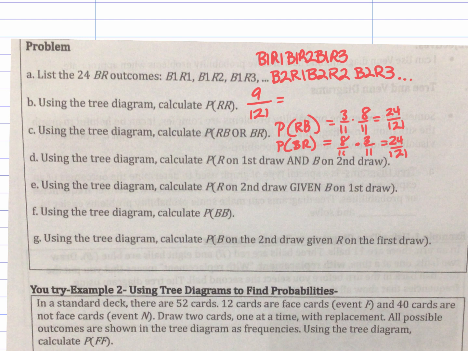And so, since it's impossible to get RB and BR at the same time, then the probability of RB or BR equals the sum of these two probabilities. So 24 out of 121 plus 24 out of 121 equals 48 out of 121.